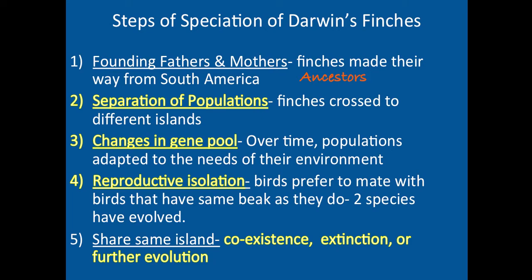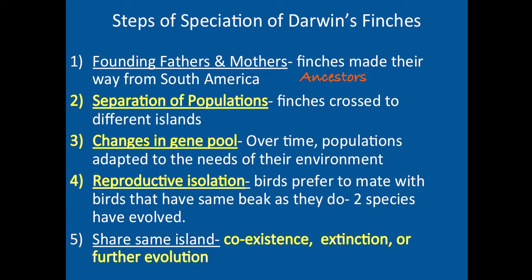The third step, there were changes in the gene pool. Over time, populations adapted to the needs of their environment, and because they're on different islands, those environments are slightly different as well. So the changes in the gene pool will be different according to the different islands.